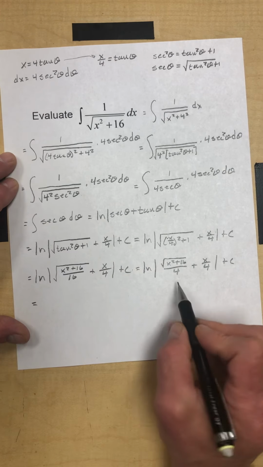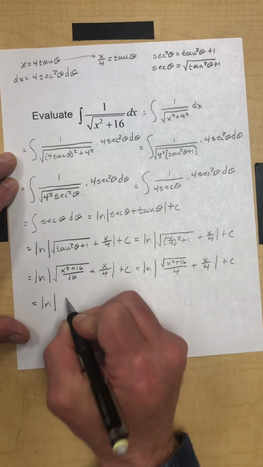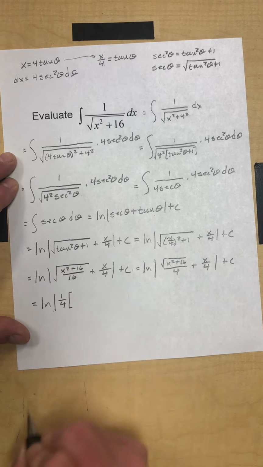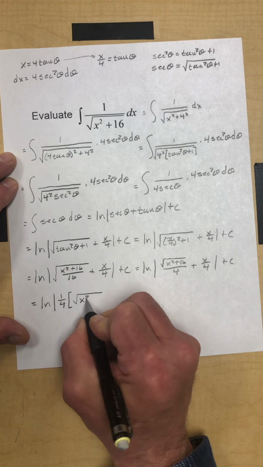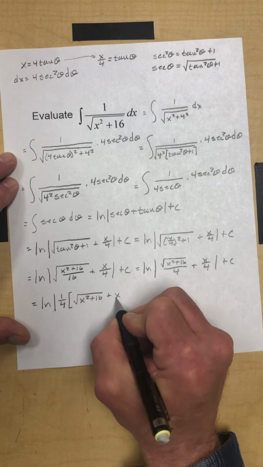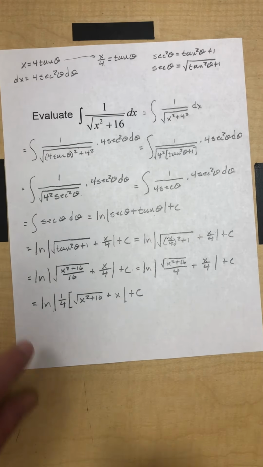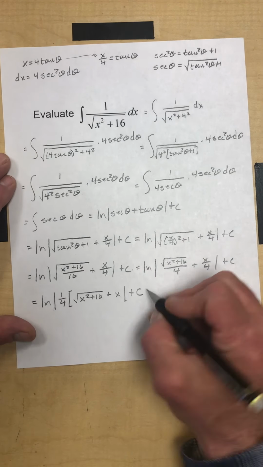And of course, we've got a common factor of 1/4 that I can pull out. So we'd have the absolute value of 1/4 times the quantity of the square root of x squared plus 16 plus, that would just be an x now, plus c. Again, we have the natural log of a product of two factors, so we can use the product rule.